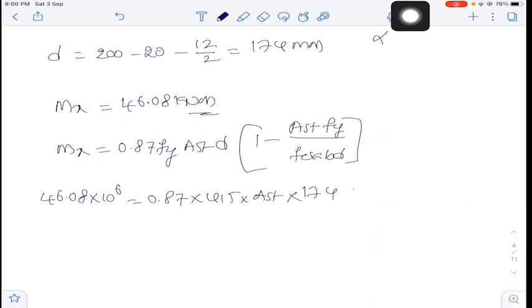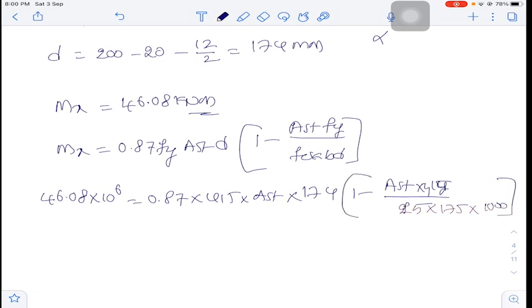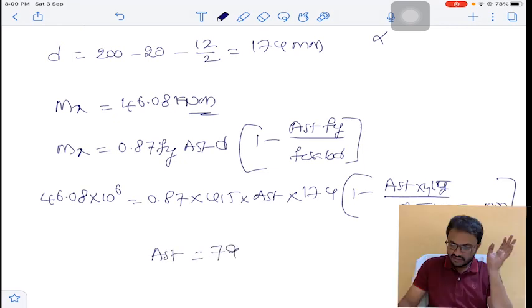And now 1 minus Ast into 415 divided by fck is 25, b is 175 and d is 1000. Clear? So from this expression the only unknown is Ast value. So Ast is equal to 793.65 mm square.